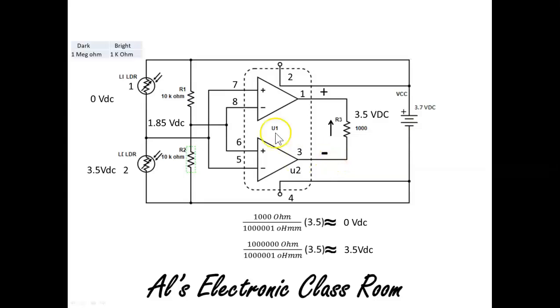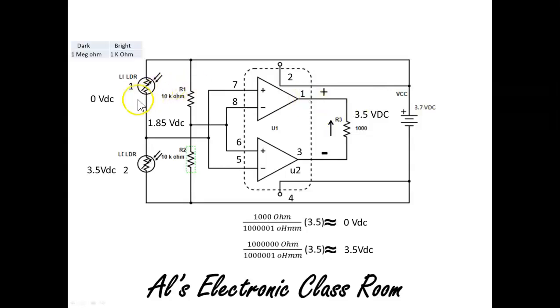And what's going to happen over here? 3.5 volts is on the positive terminal of that upper comparator. It's going to drive the output to my supply voltage. I know we've got a 3.7 volt battery supply here, but there's probably about 200 millivolts, or 0.2 of a volt, drop internally in the IC. So we're going to get about 3.5 volts out of it.